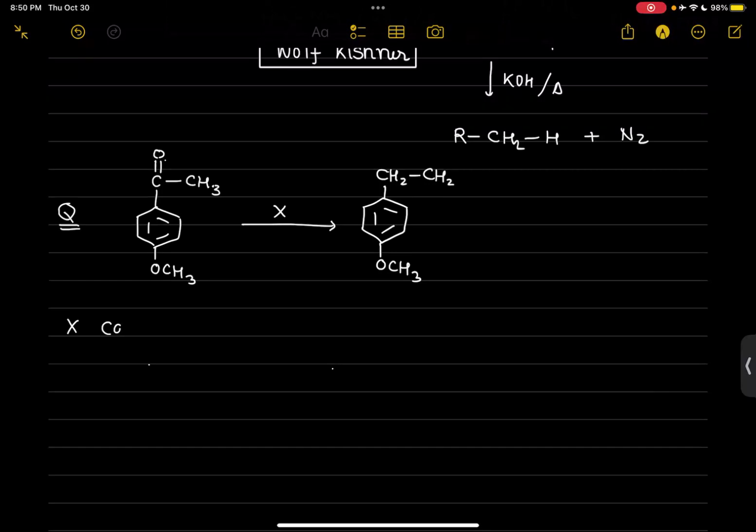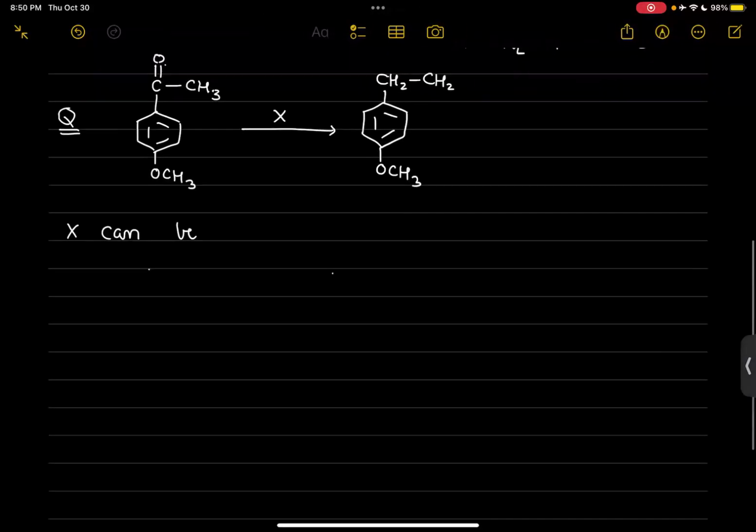X can be carried out by Clemmensen reduction. It can be carried out by Wolff-Kishner reduction.